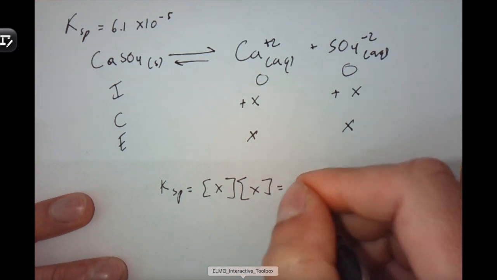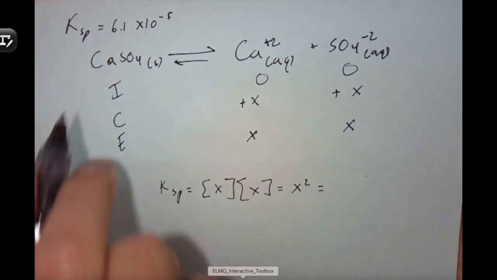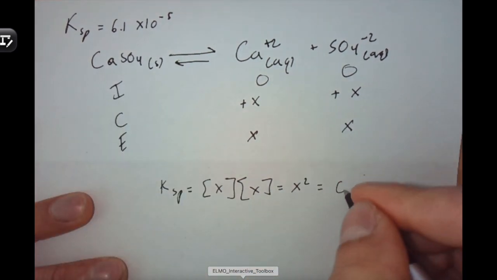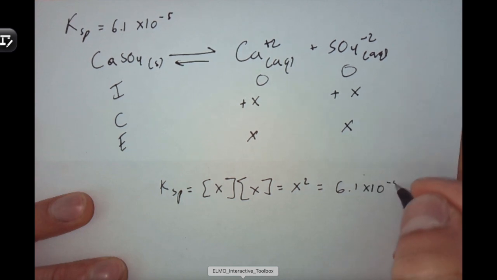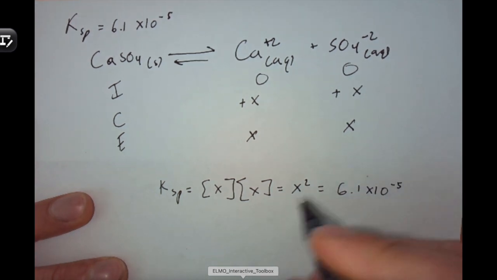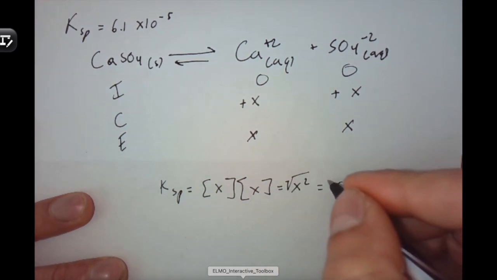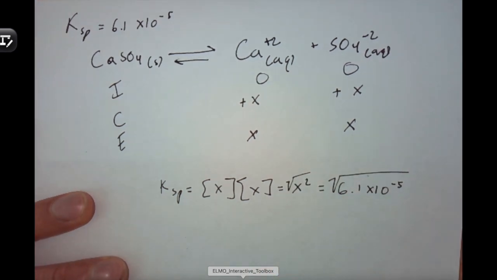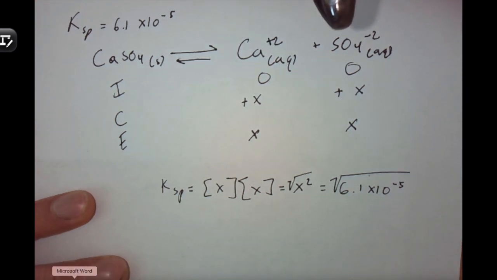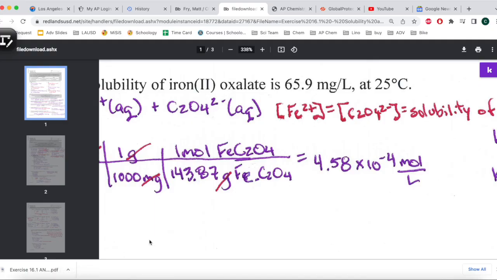So this is the same thing as saying x squared, which is equal to 6.1 times 10 to the negative fifth. To get rid of that squared, we just have to take the square root of both sides.